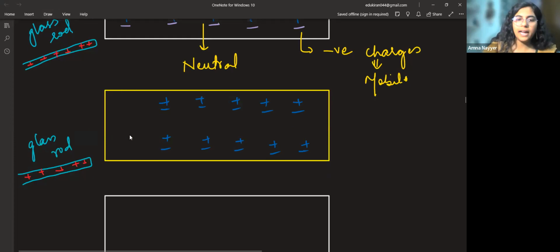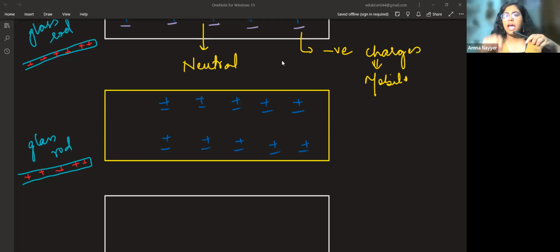At this end, which charges will be accumulated over a period of time? Negative, correct. The glass rod is just kept at a distance, but because of the electrostatic forces of attraction, it will bring all the negative charge towards itself.